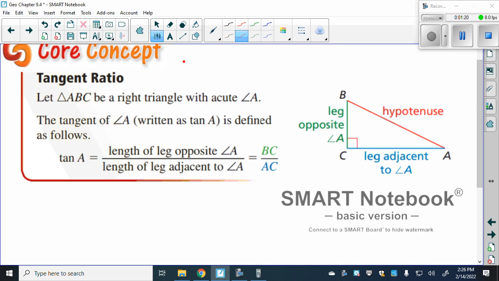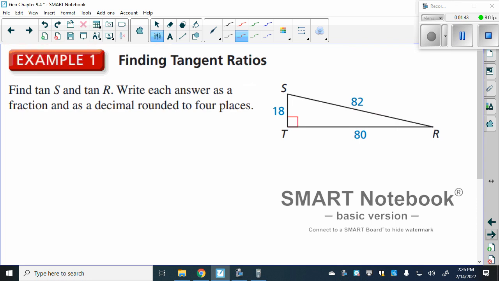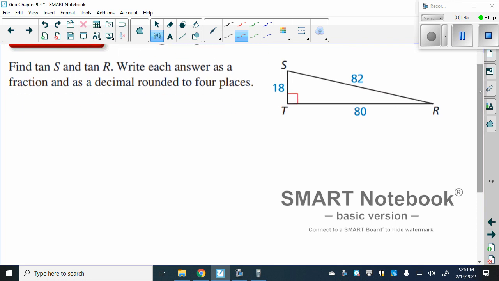So again, sine of an angle is opposite over the hypotenuse. Cosine of an angle is equal to adjacent over the hypotenuse. And tangent, the one we're looking at today, is the opposite side length over the adjacent. We're going to start off by setting up the proportions and finding it as a decimal.